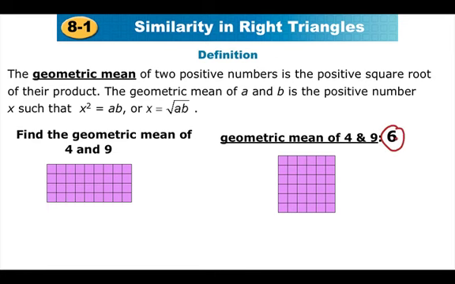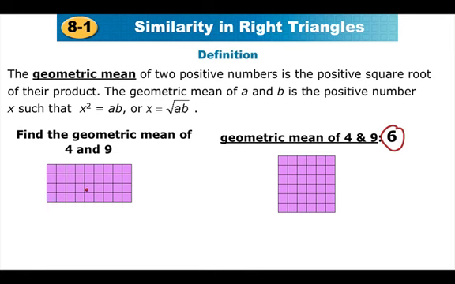Now let's go back to the rectangle and this new figure, this new polygon. We can call it a quadrilateral. Notice that this quadrilateral has the same area as this rectangle.